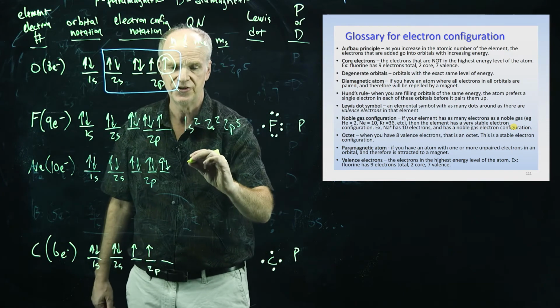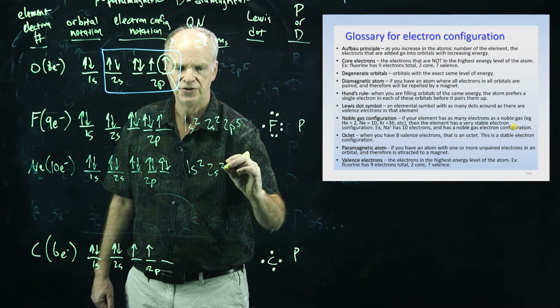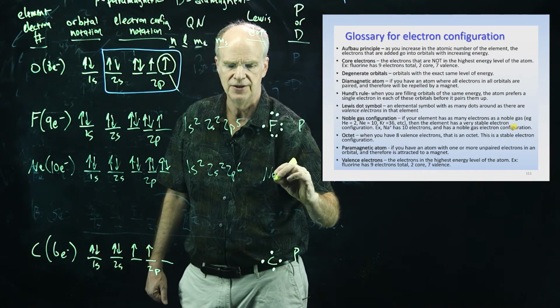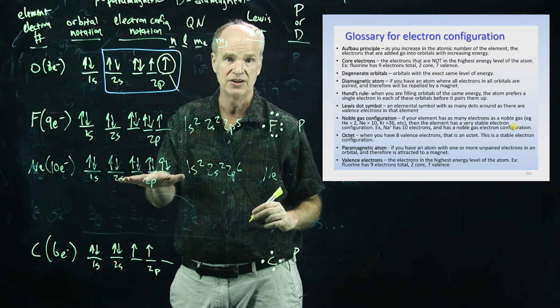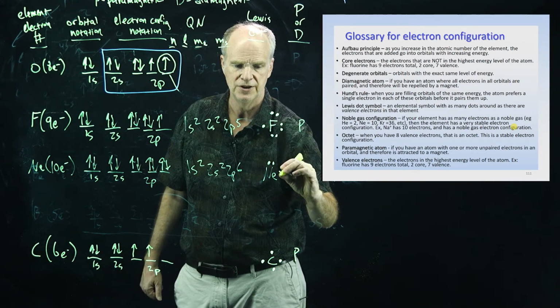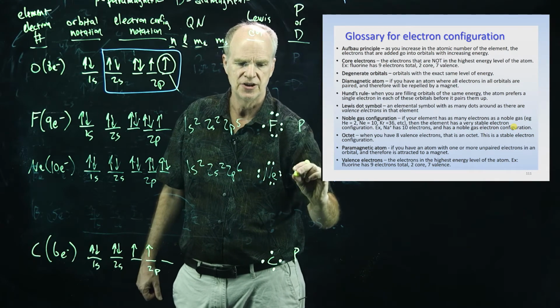And so its electron configuration is 1s2, 2s2, 2p6. And so we have neon. And so now we have 8 electrons in the numerically highest energy level. So it's 1, 2, 3, 4, 5, 6, 7, 8. And so this is going to be diamagnetic.